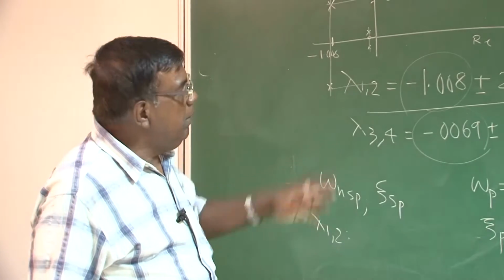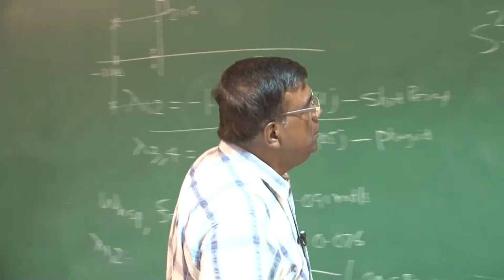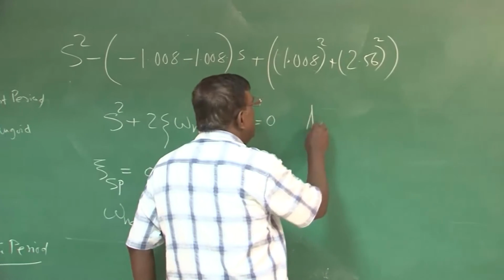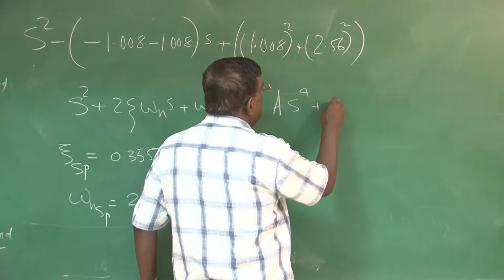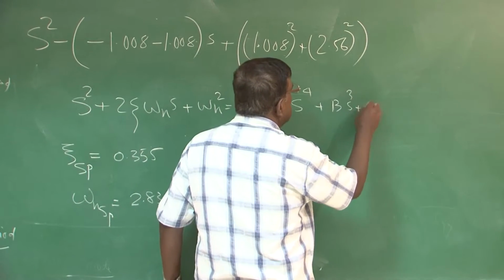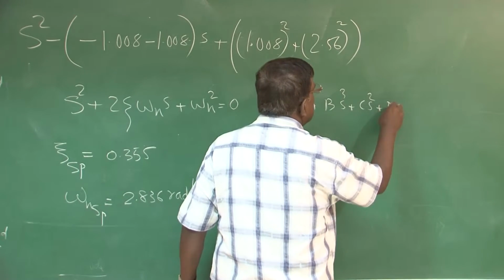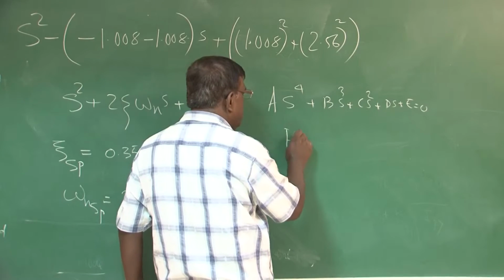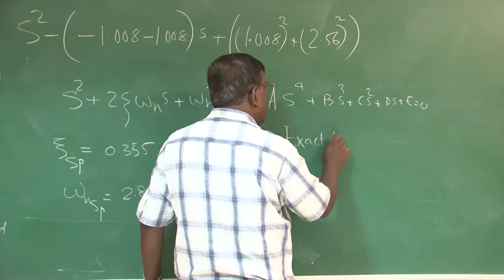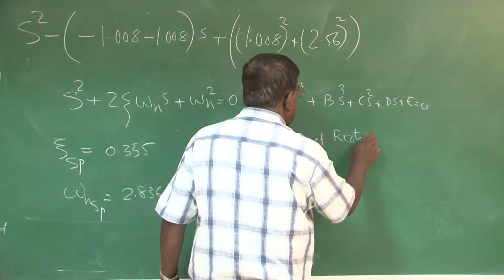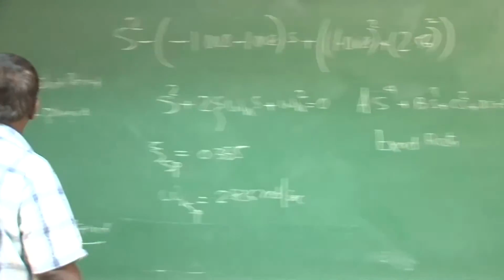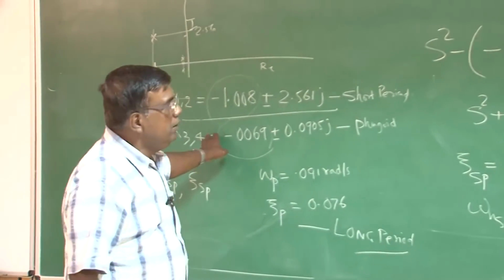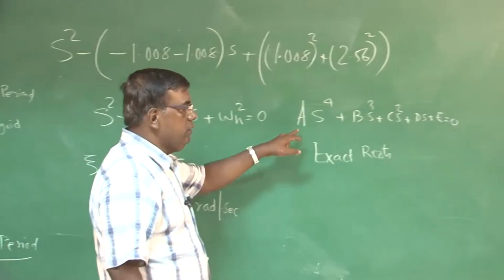Okay. Whatever roots we are getting here through AS4, BS cube, CS square plus DS plus E equal to 0, we will call them exact roots, because these have been obtained by solving this exact equation.